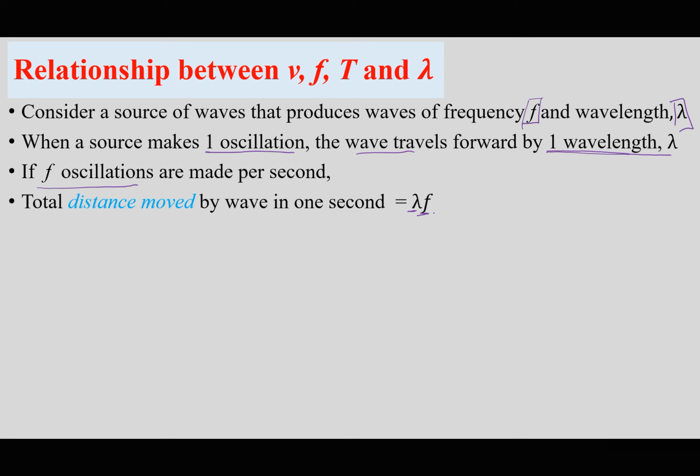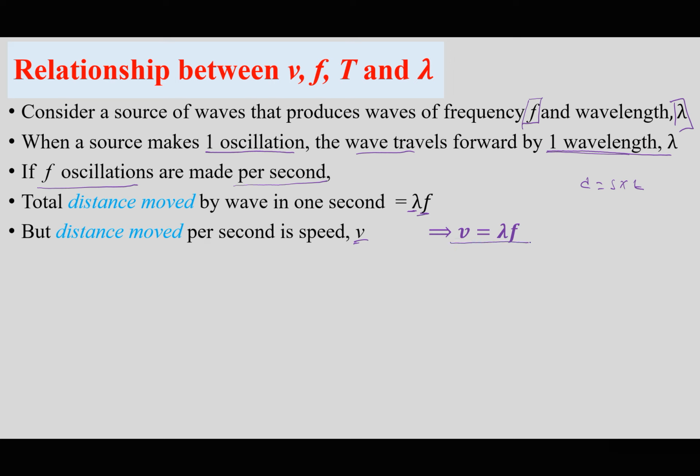But remember, distance equals speed times time, and the time here was 1 second. So the distance moved per second is simply lambda times f. But distance per second is the speed, remember? We have the number of oscillations per second times the distance moved by one oscillation, and the distance moved per second is equal to the speed.